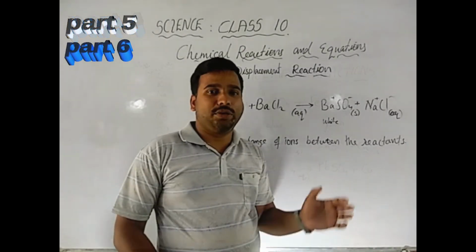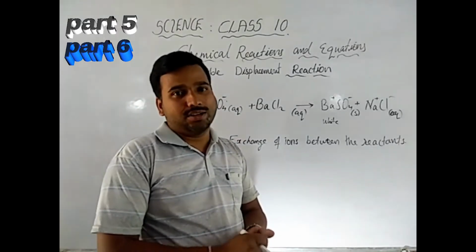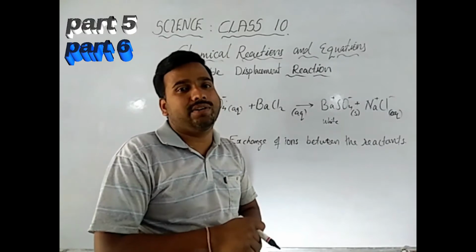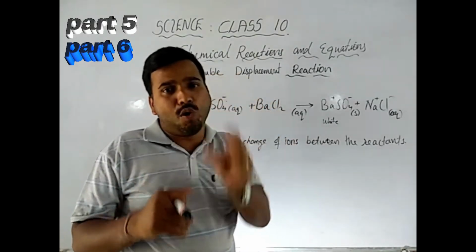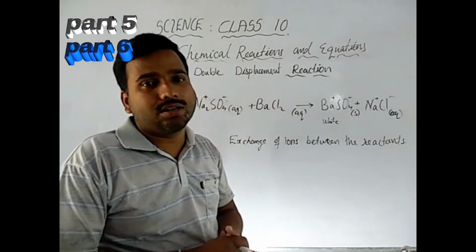Hello dear students, in today's video we are going to discuss double displacement reaction. We already discussed displacement reaction, in which a more reactive metal displaces a less reactive metal from its aqueous salt solution.